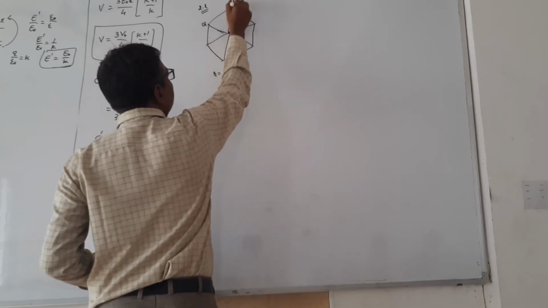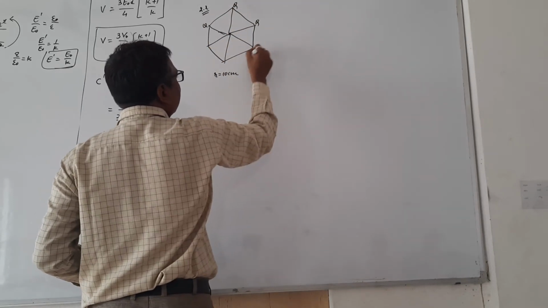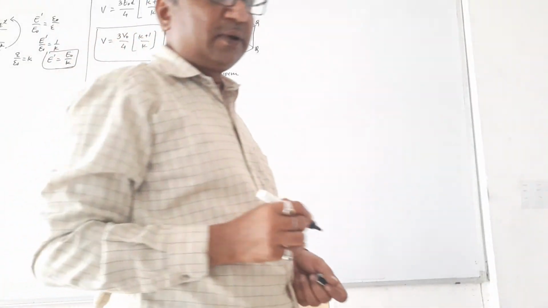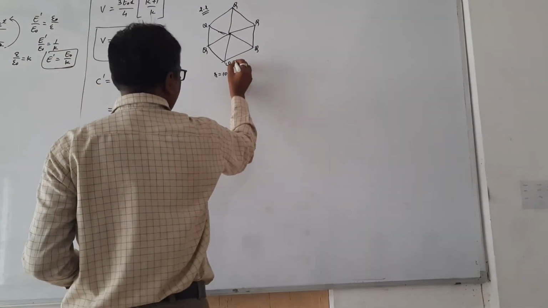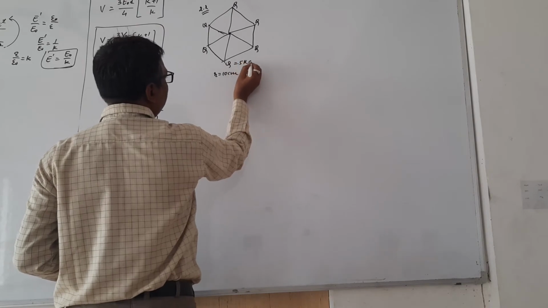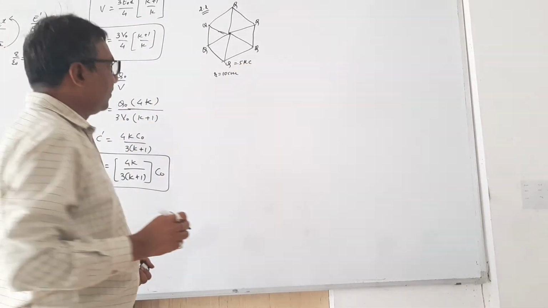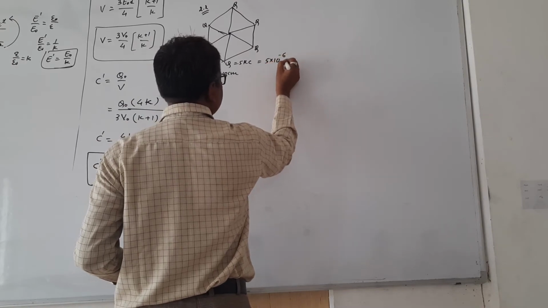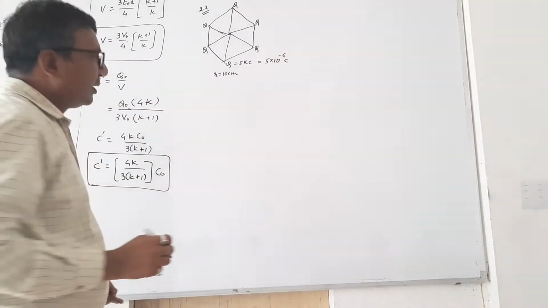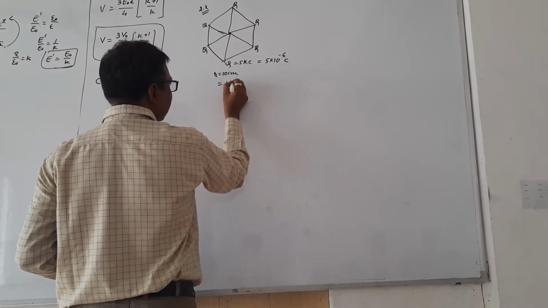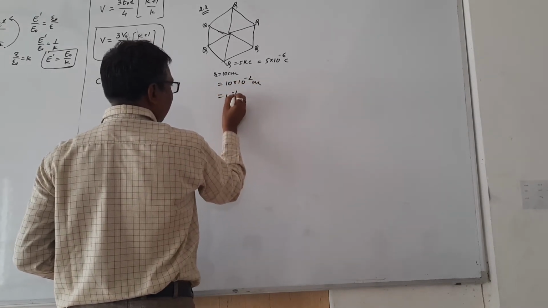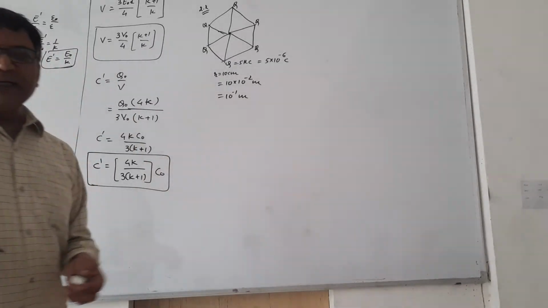Here Q, Q, Q, Q, Q, Q. Each Q is of 5 microcoulomb, that means 5 into 10 raised to minus 6 coulomb. 10 centimeter means 10 into 10 raised to minus 2 meter, that means 10 raised to minus 1 meter.